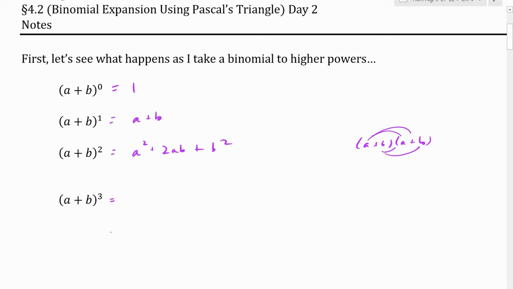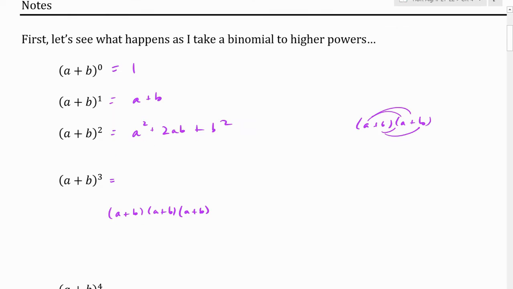If we want a plus b cubed, we're doing this. These two, we just wrote down what that is. So if we multiply that out, let's see what we get.